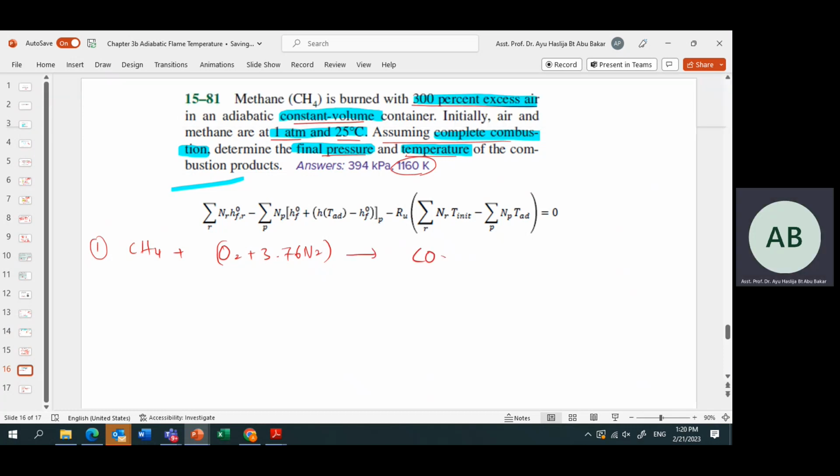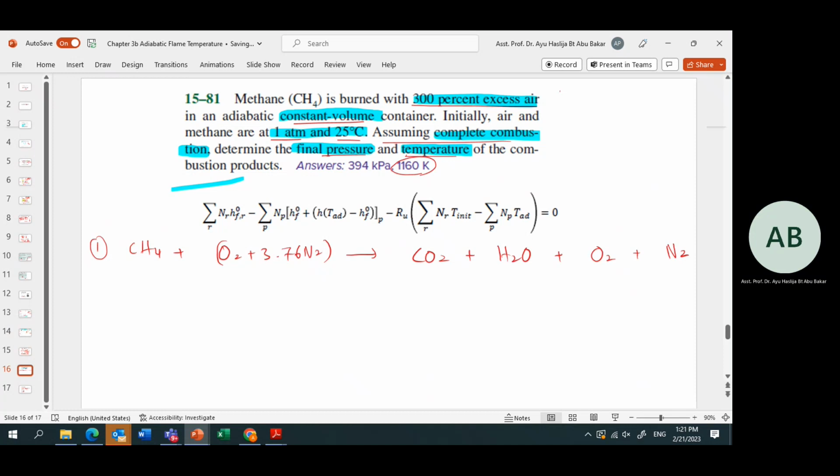Complete combustion, so you will have only CO2, H2O, and excess air, so you have O2 and N2. Okay, 300% excess air. So your theoretical air will be what? 100% theoretical air is 1.